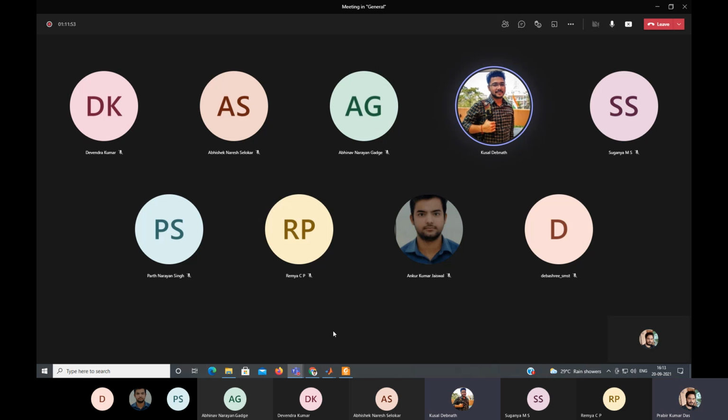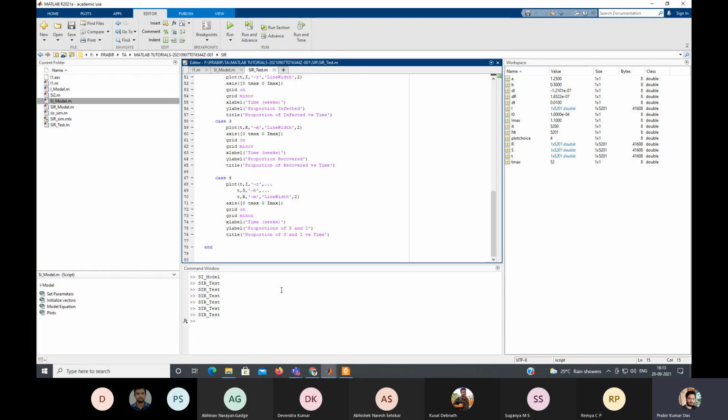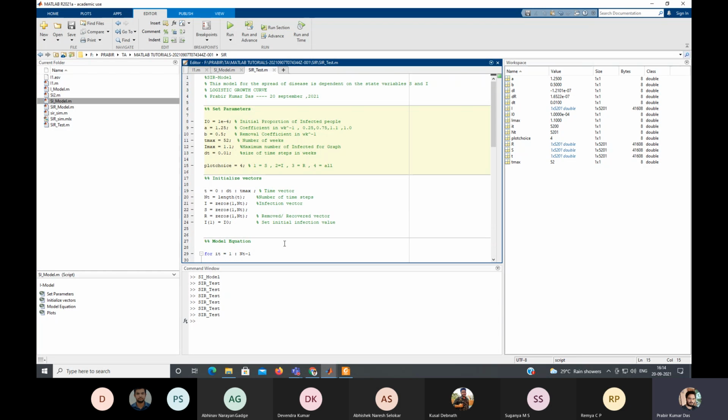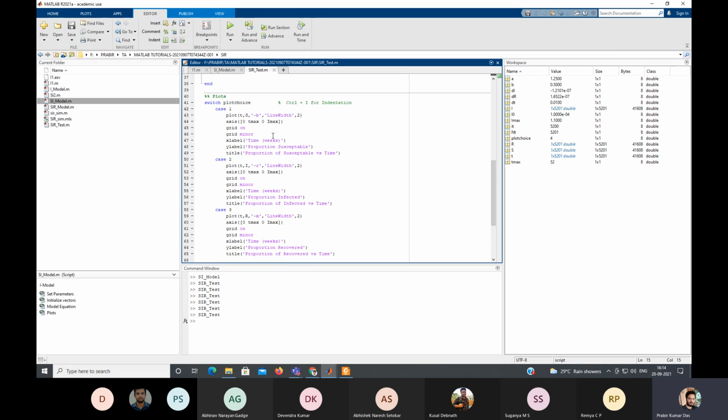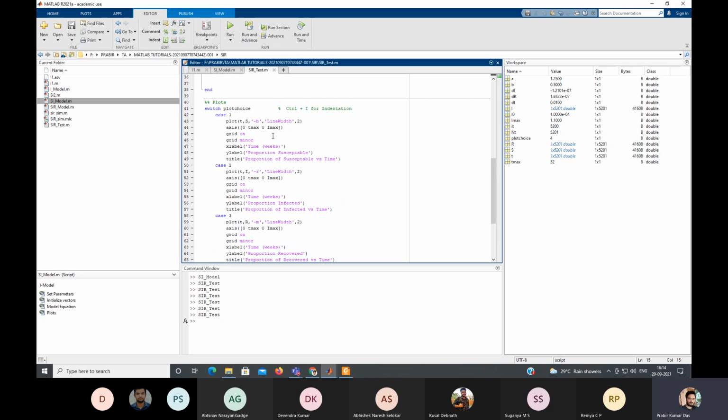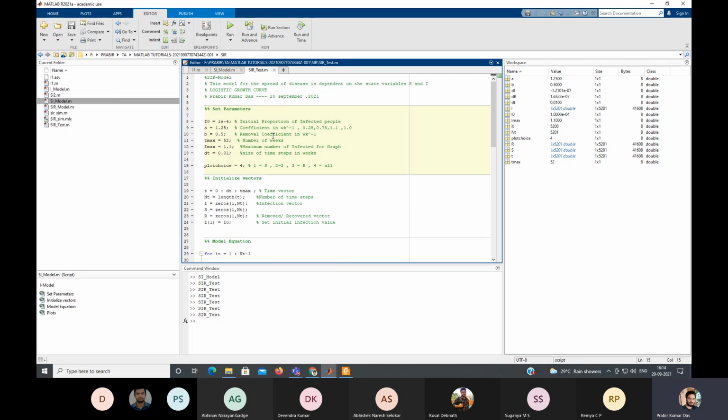Okay, so I will give you one small assignment. I will give you one incomplete code, and you have to complete it, only a few things. There is one parameter, R0, on which we can also incorporate vaccination. Just complete this assignment and submit it within one single M file.